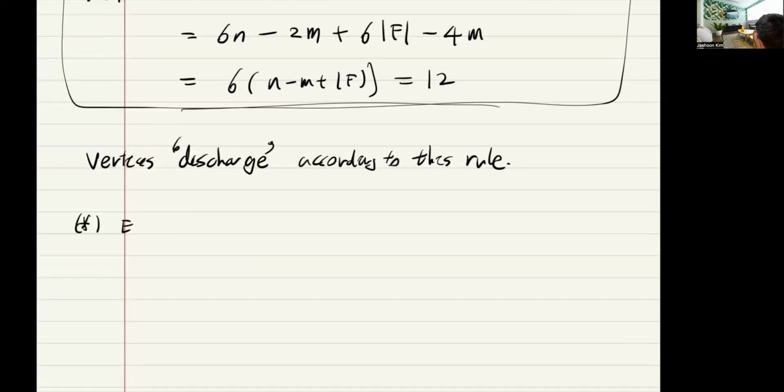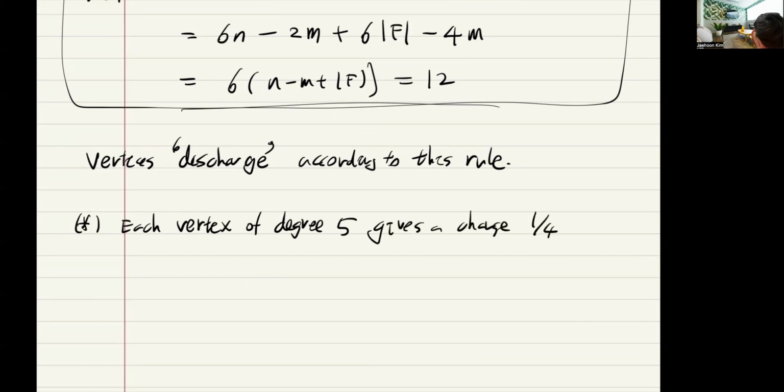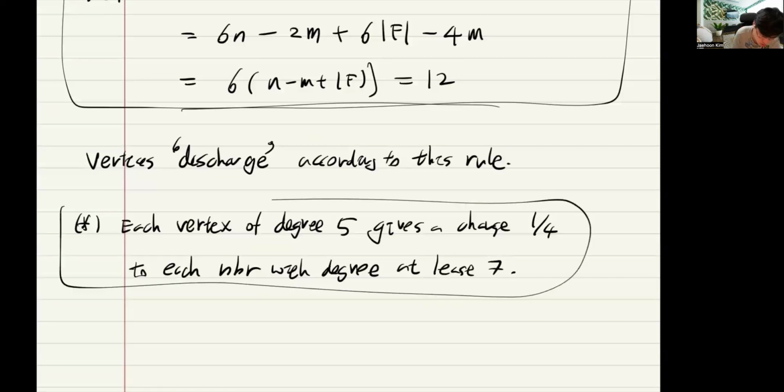The rule is that each vertex of degree 5 gives a charge of 1/4 to each neighbor which has degree at least 7. So that's your rule. You apply this to all the vertices.